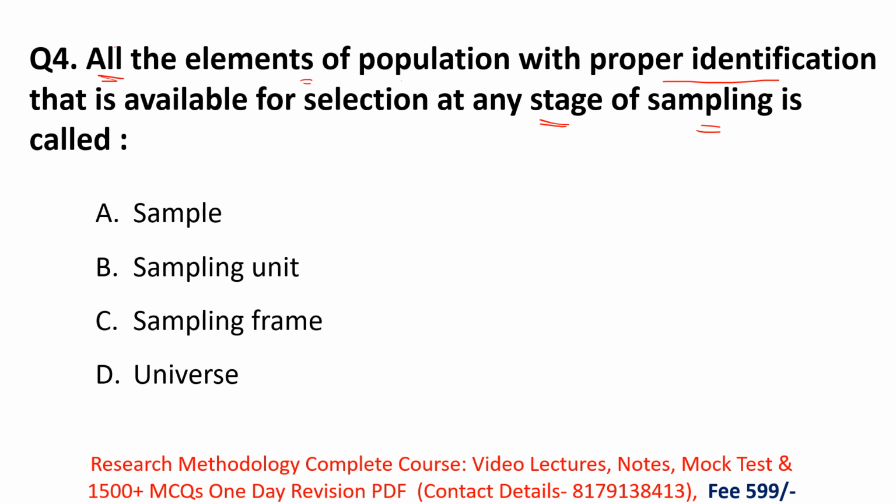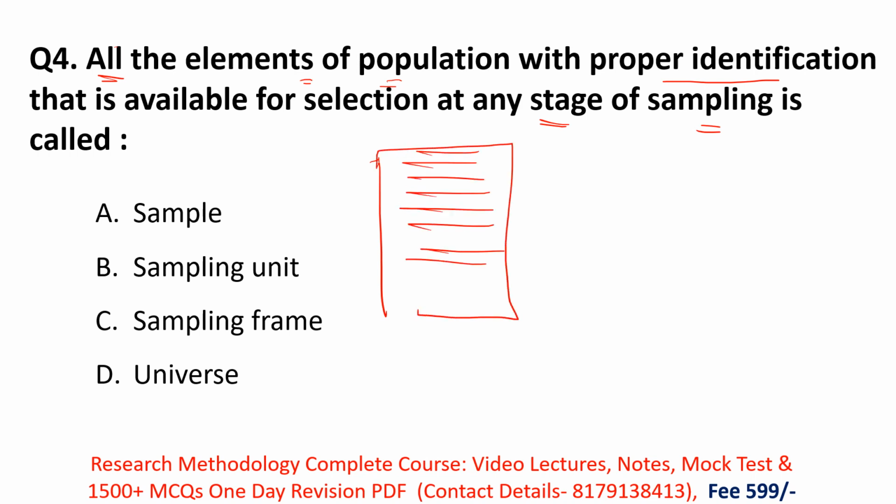All the elements of the population means all the members of the population. Suppose you have a list, and in this list you have all the elements, meaning all the members of your population, with proper identification. Their identity is also mentioned in the list, available for selection at any stage of sampling.